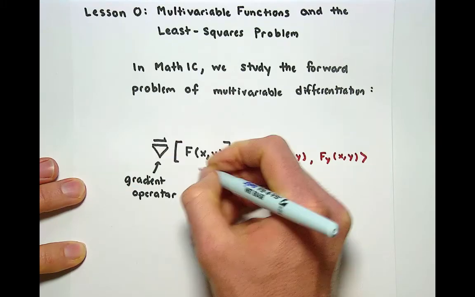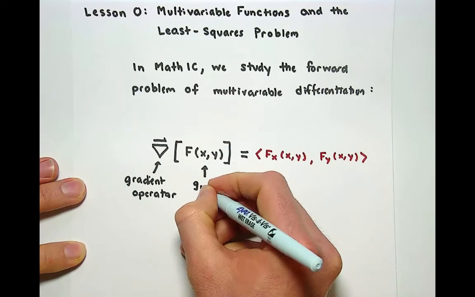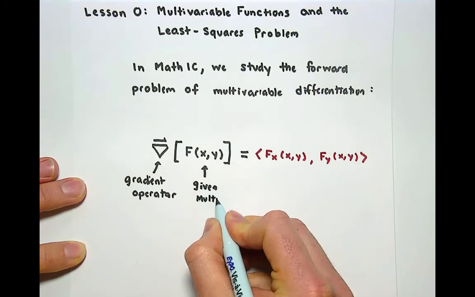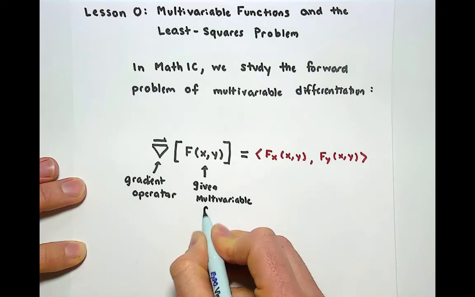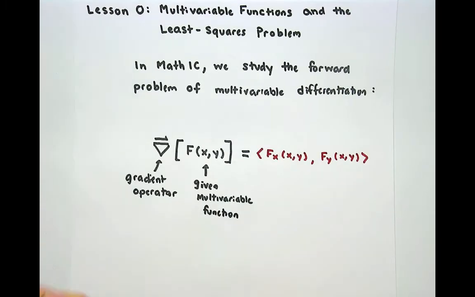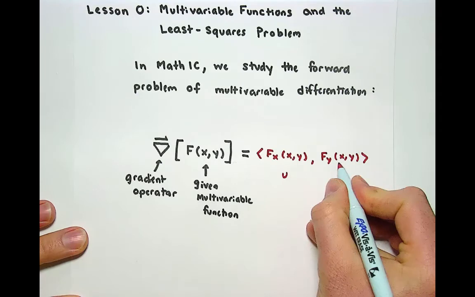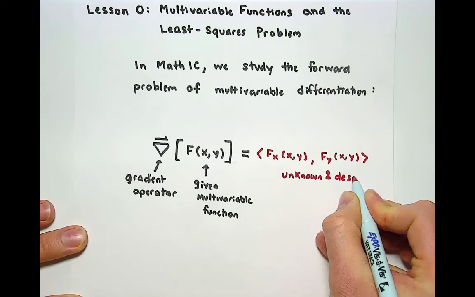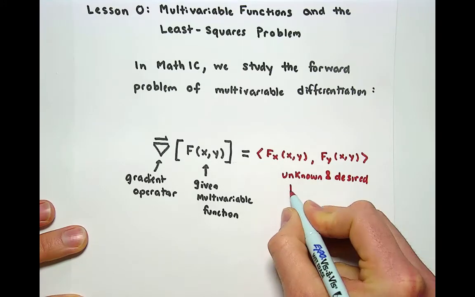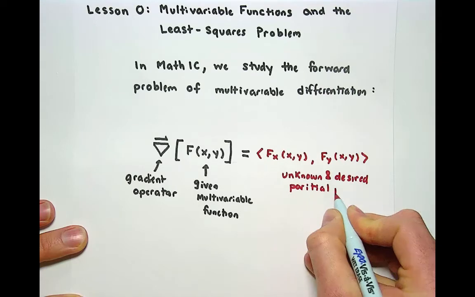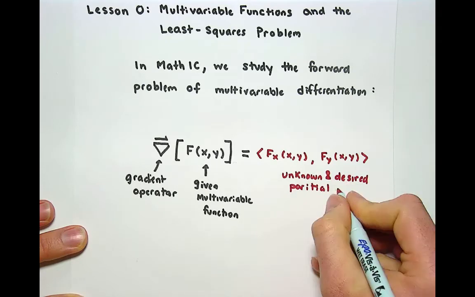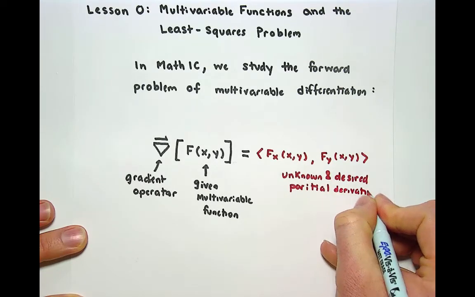In this problem, the multivariable function was assumed to be given, and the whole idea in this first part of multivariable calculus is that this set of partial derivatives are the unknown and desired functions that we are going to calculate. Partial derivative functions.